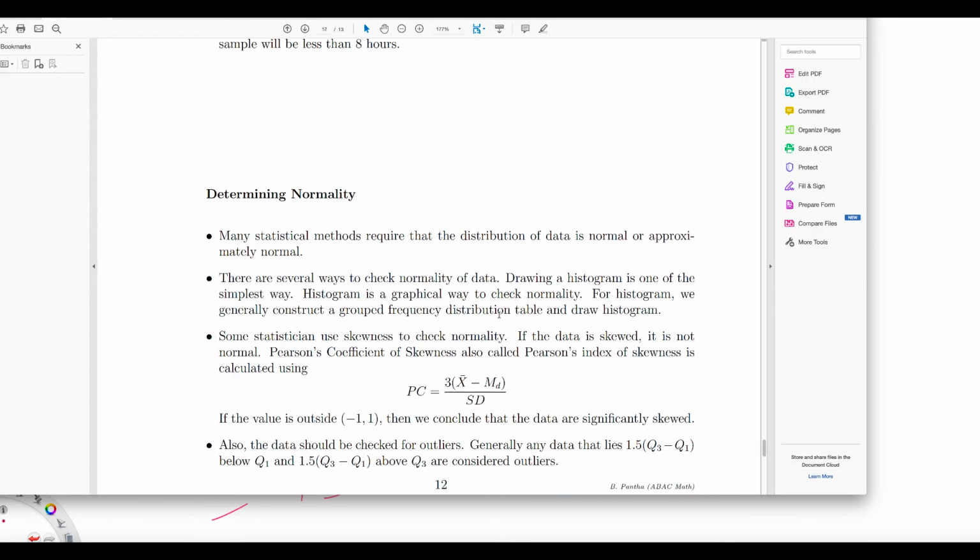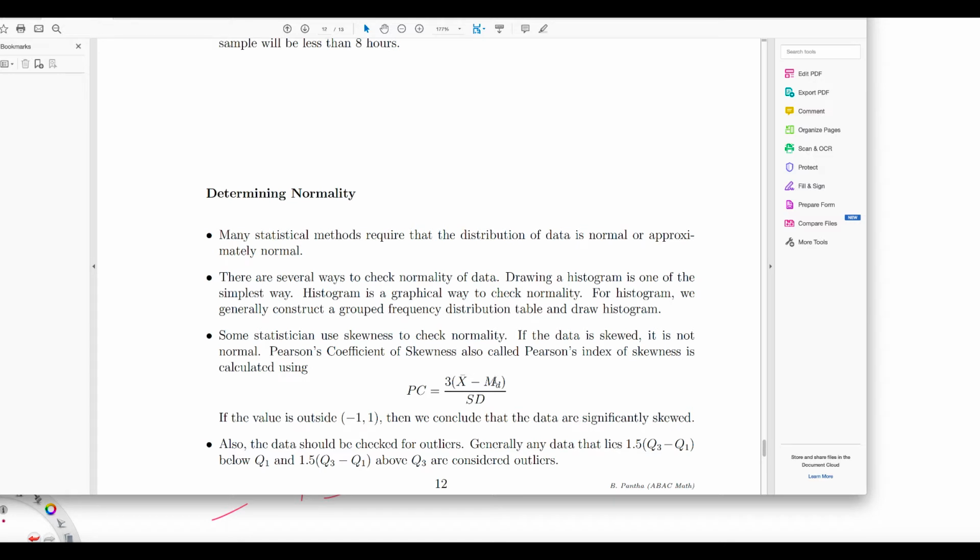To determine the normality, the statistical method people use is to find the Pearson's coefficient of skewness, also called Pearson's index of skewness. To find that, we use this formula: 3 times the mean minus the median, divided by the standard deviation. We find this value, and if the value is outside -1 and +1, then we conclude that the data are significantly skewed.